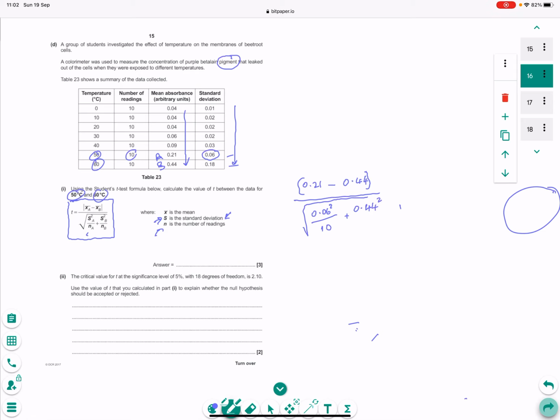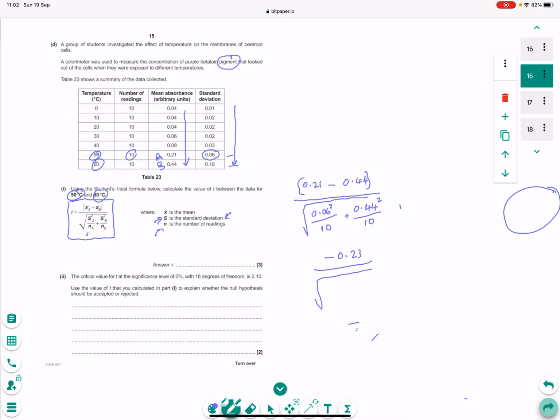Right, 0.44 squared. It's over 10 as well. So this top one is, see here, like minus number 0.23.